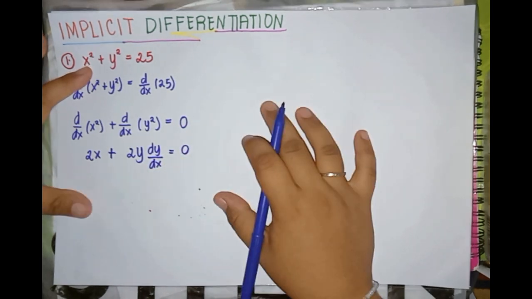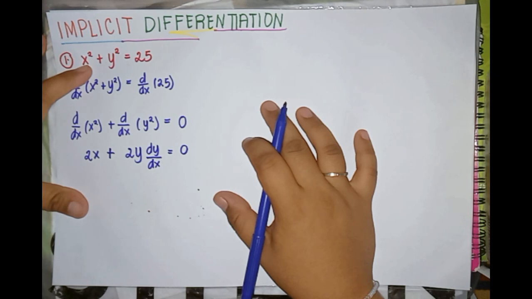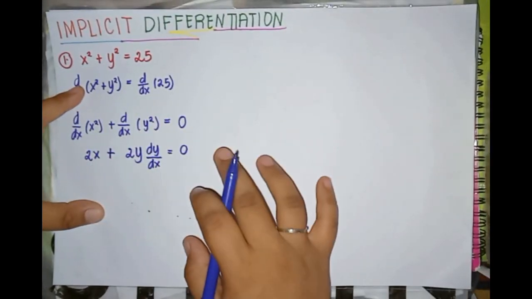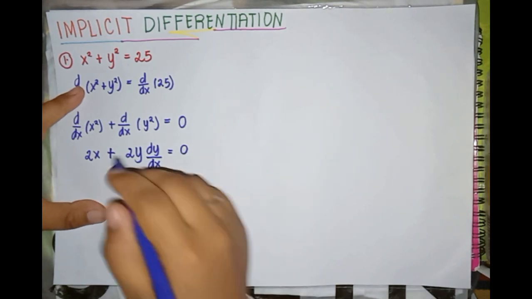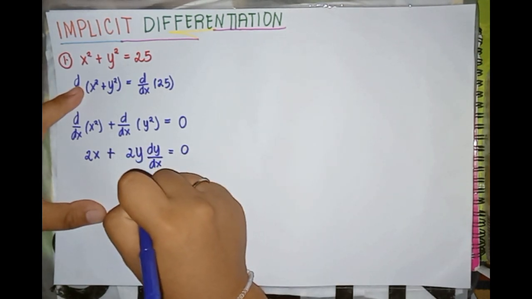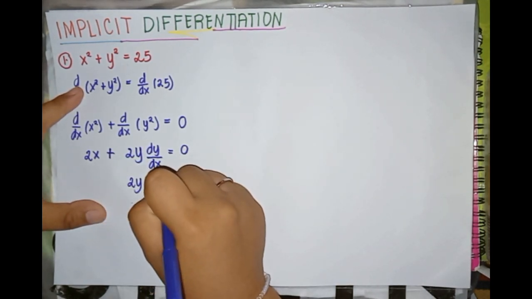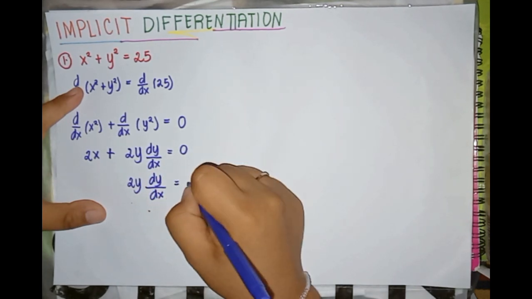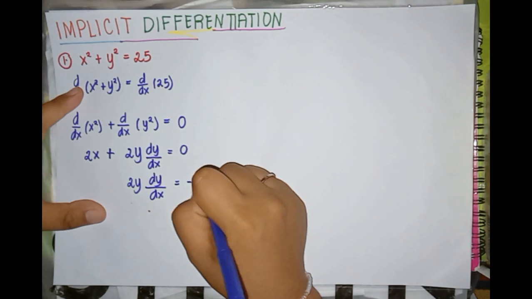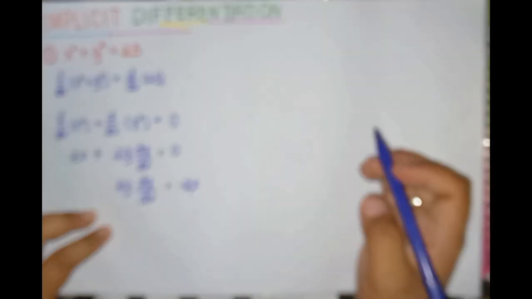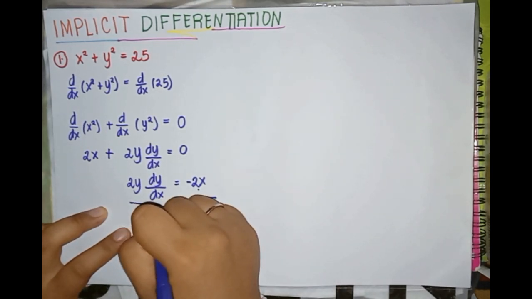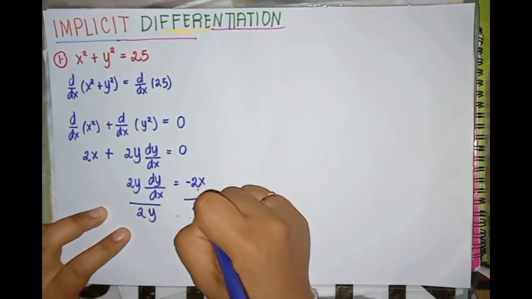So what we are going to do is transfer the expression without dy over dx on it to the other side. So we have 2y dy over dx is equal to negative 2x. Next, we divide both sides by 2y so that we are left with dy over dx, since we want dy over dx.